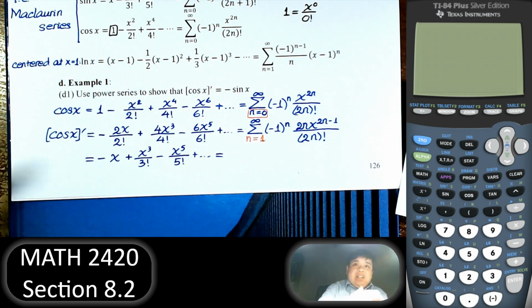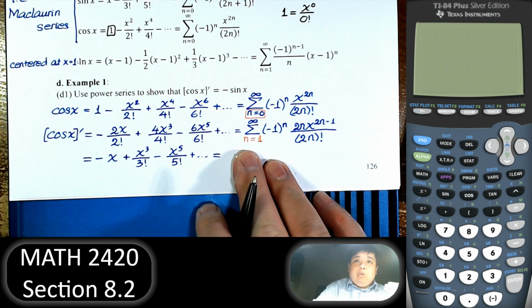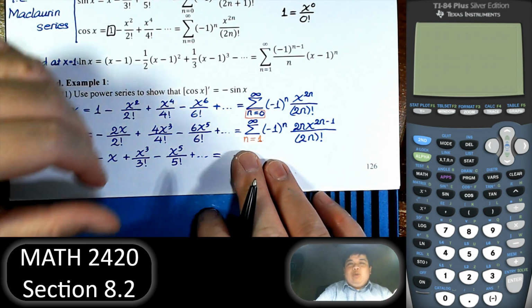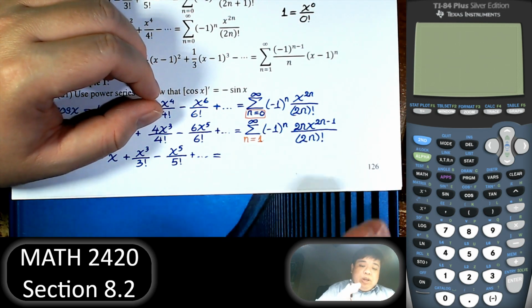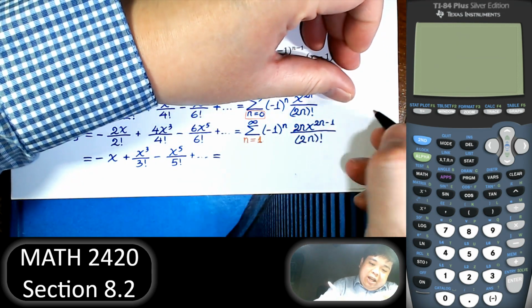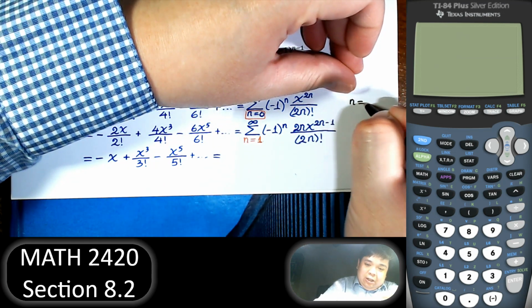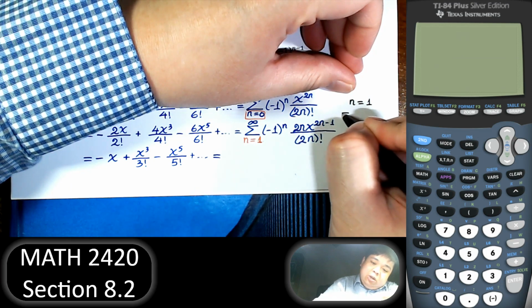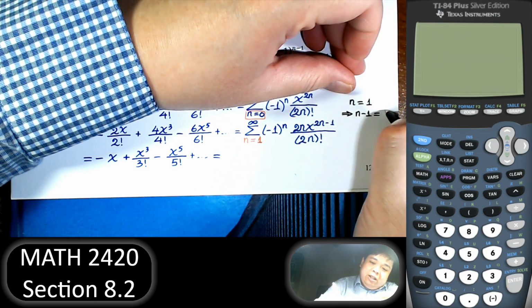How do we change it back to 0? In that case, let's try something else, a different index. Let's say instead of n, we use k plus 1. Why do we do that? So the index will go back to 0. We need something that's 0. So instead of n, let's say n equal to 1. So we have n minus 1 equal to 0, right?